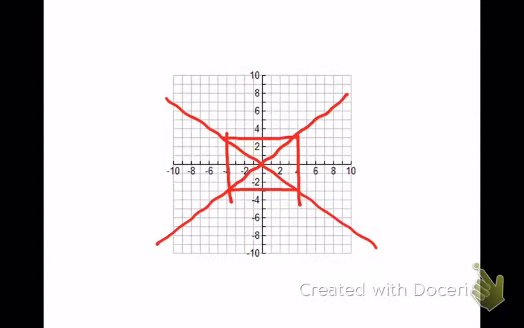Okay, my foci are at positive and negative 5, 0. So here we've got -5, 0. Here we've got 5, 0.